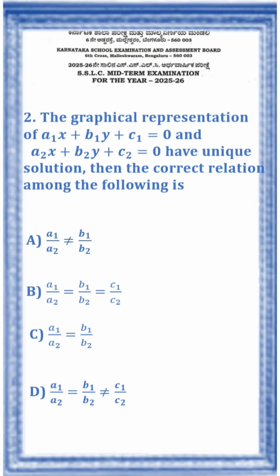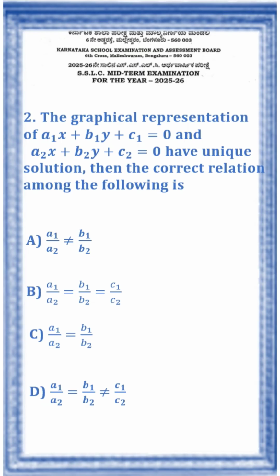The second question is: the graphical representation of a1x plus b1y plus c1 is equal to 0 and a2x plus b2y plus c2 is equal to 0 have a unique solution, then the correct relationship among the following is. This question has been taken from the chapter A pair of linear equations in two variables.